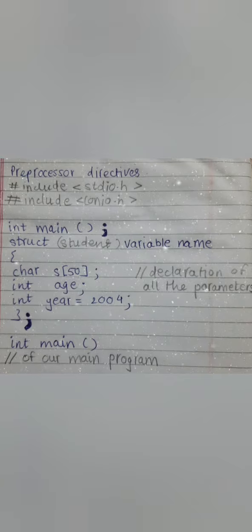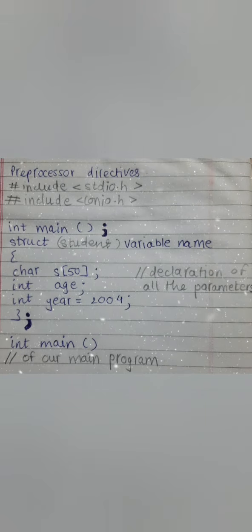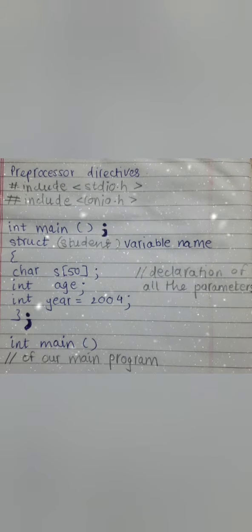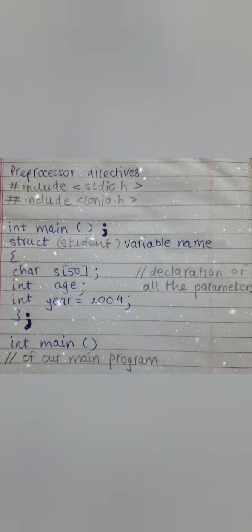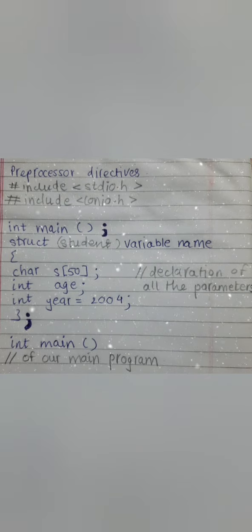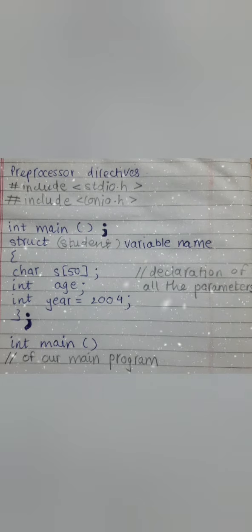Firstly, I am declaring the variable s, which is of character data type. This is used over here so that it can store the name of the student. Next, I am including the variable of age, which is of integer data type. This will hold the numerical value, which is the actual age of the student. Guys, you can see that in the next line I have declared a variable year, which is of integer data type.